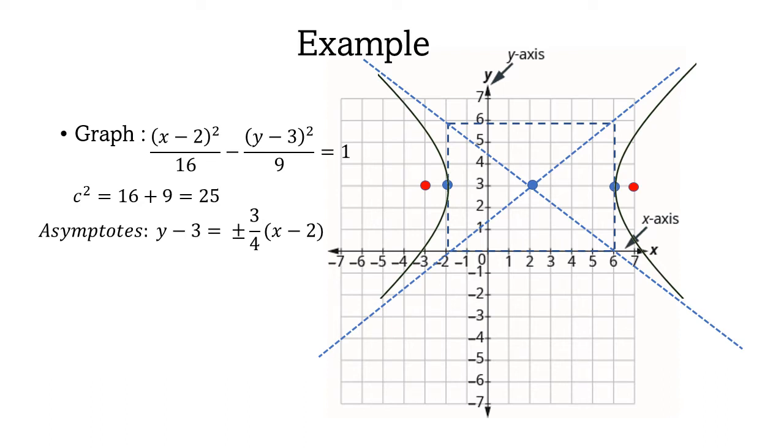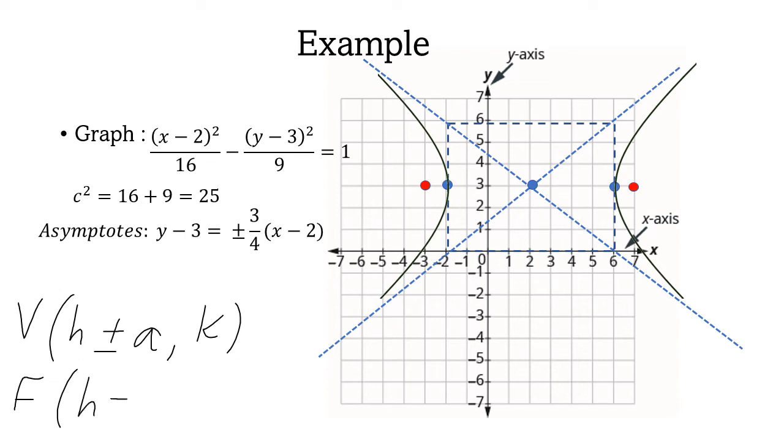Now, if we're interested in the formula of the vertices, the vertices have the equation h plus or minus a, comma k, and the foci have the formula h plus or minus c, comma k.